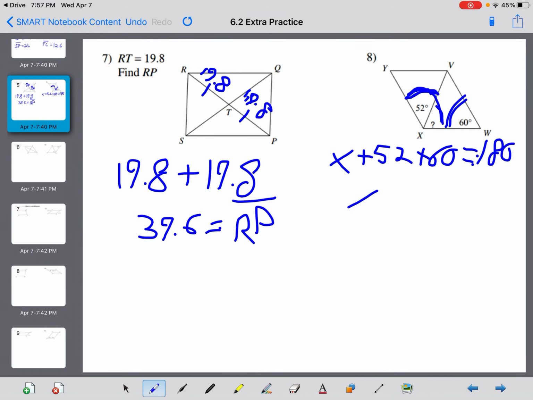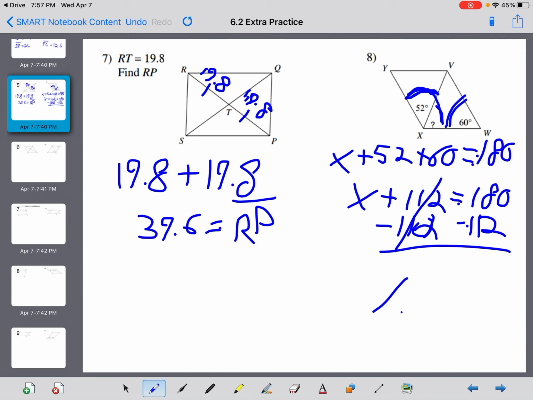Okay? Well, X plus 52 plus 60 is 112, which needs to equal 180. Minus 112 on both sides. 112s cancel. X equals 180 minus 112, which is 68 degrees.